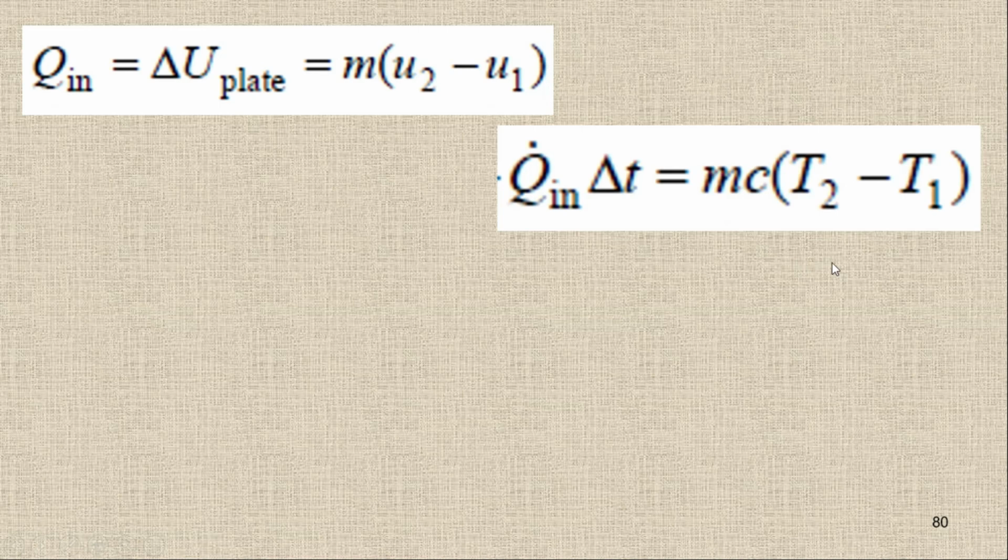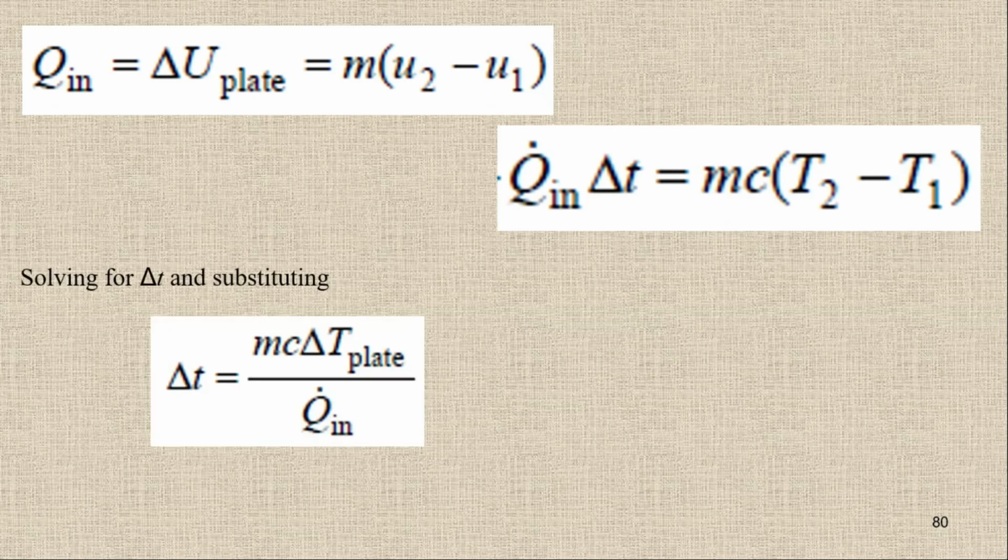T1 is given, which is 22 degrees Celsius. We know about T2 as well. C value is given, the value of m is given, and Q dot in is given. What about the time? Here we can find it. Simply you have to rearrange the equation. By rearranging, you will get time equal to mC delta T upon Q dot in.